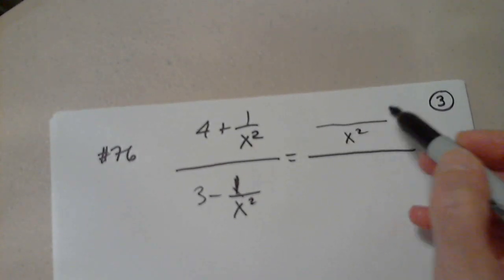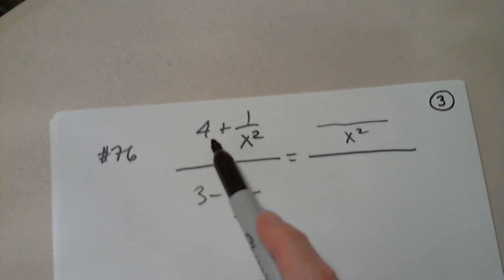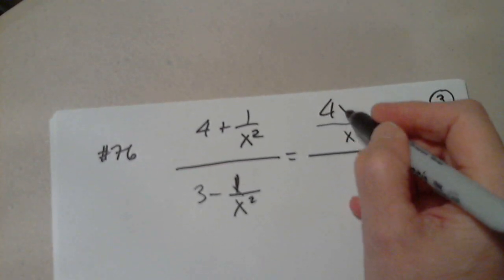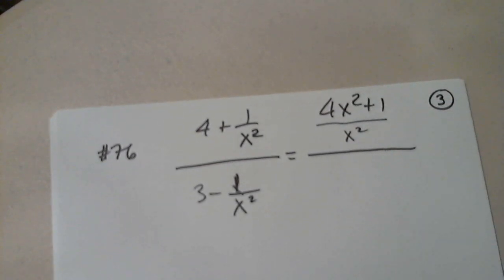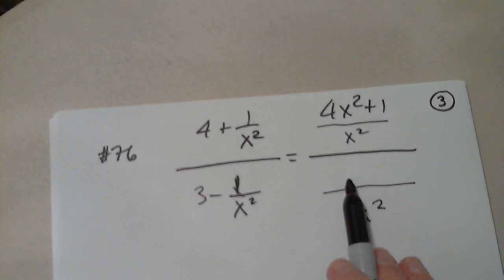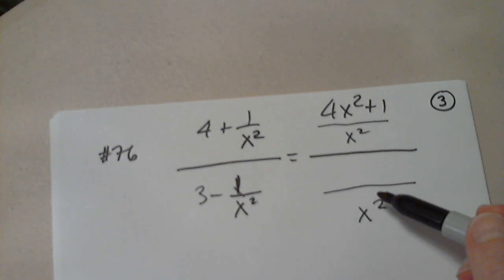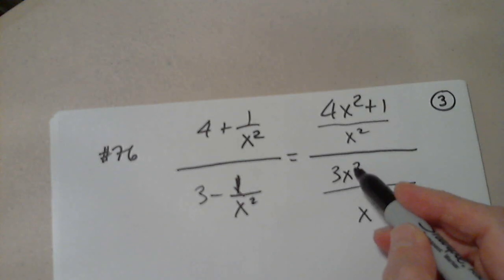Good. So what do I write at the top? 4x squared plus 1. Excellent. Same thing for the denominator. I know you're going to say x squared. What do I write at the top? X squared minus 1. Excellent.